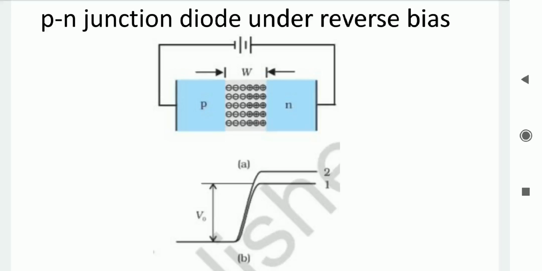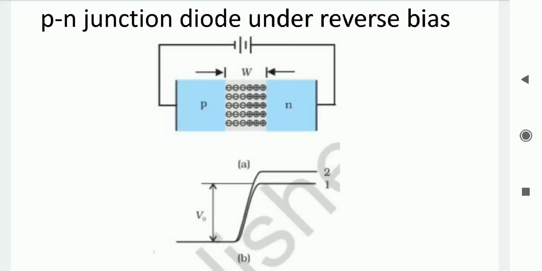So with the electric field of the junction, if electrons on the P side or holes on the N side get a random motion across the junction based on minority carrier transmission, this will generate a current, and this current is available with a very low value in terms of microampere.